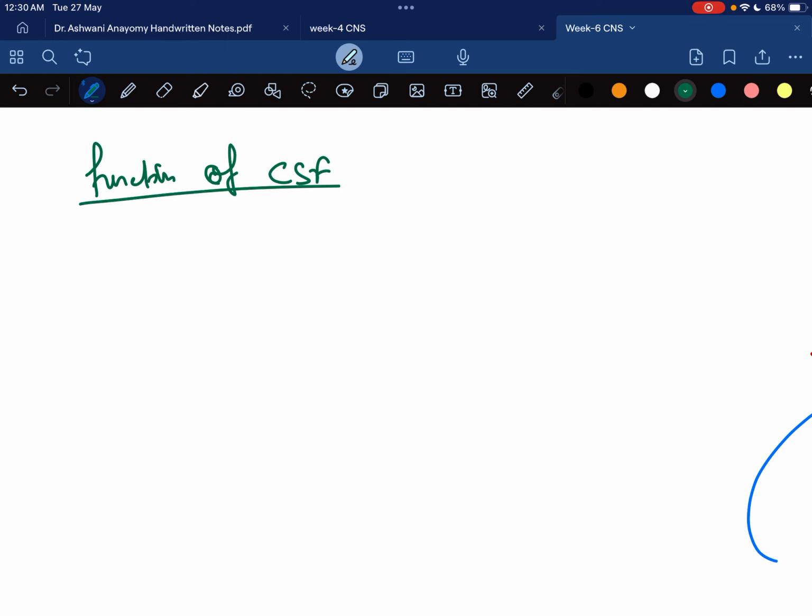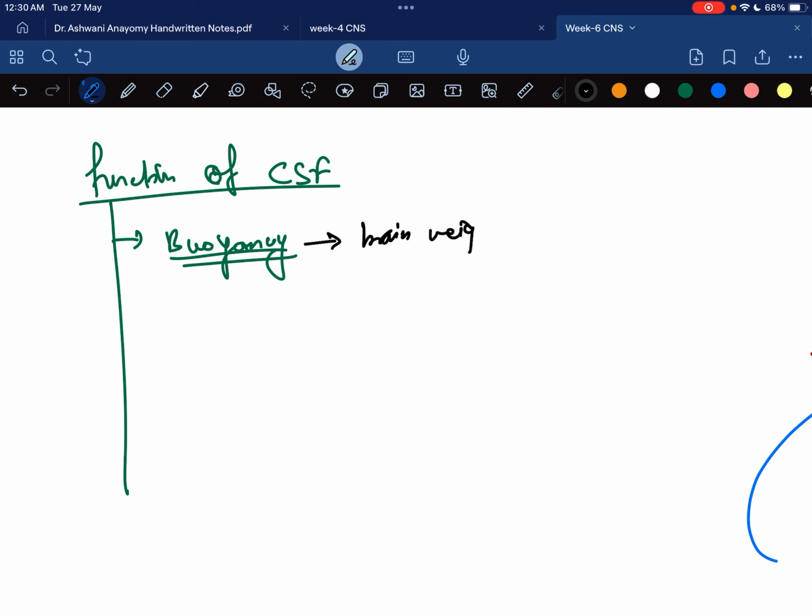It has 4 types of function. First is buoyancy. It helps to float the brain. Brain weight is almost 1.5 kg, or 1400 grams.